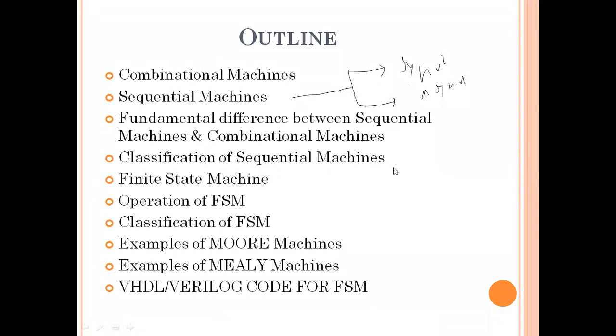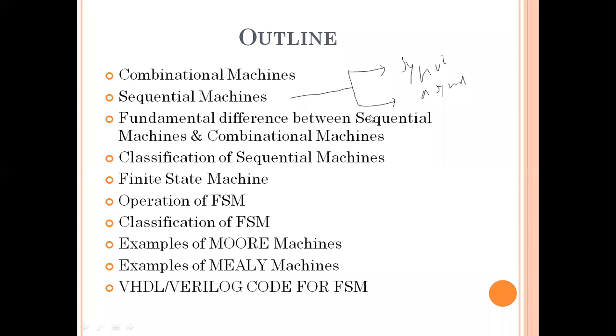Again, the classification: finite state machine. Okay, will anyone define the finite state machine? What do you mean by the finite state machine? A sequential circuit that has some practical bounds governing the number of different conditions, or we can say the number of states.